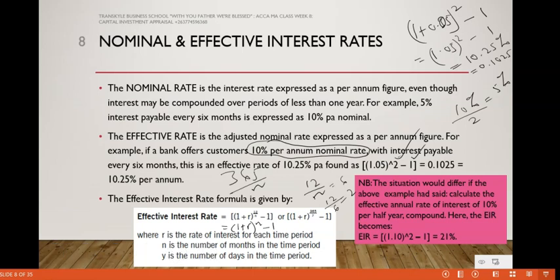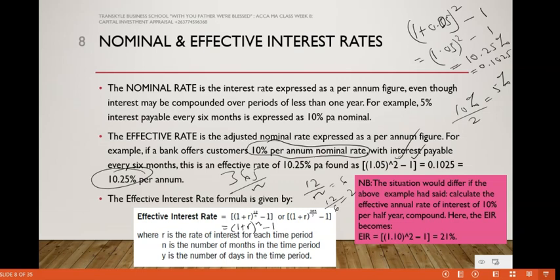In the example we have just done, we were given the nominal rate of 10%, the interest of which was being payable every 6 months, and it gave us an effective interest rate of 10.25% per annum.